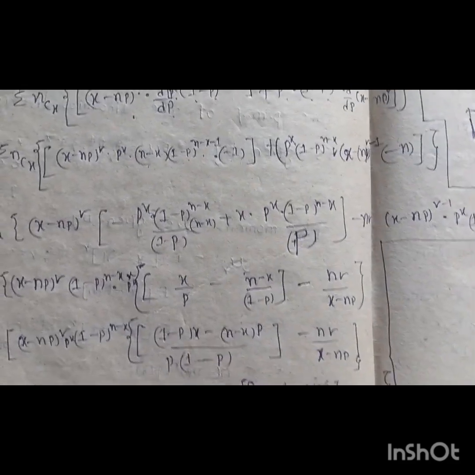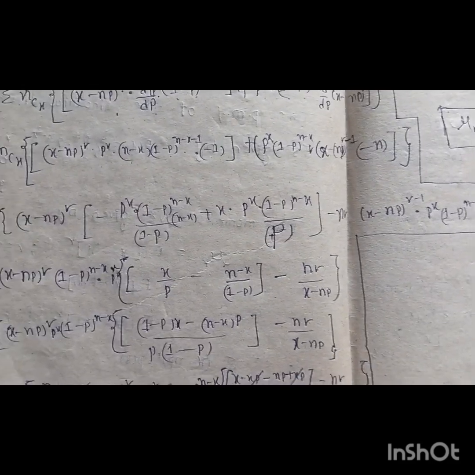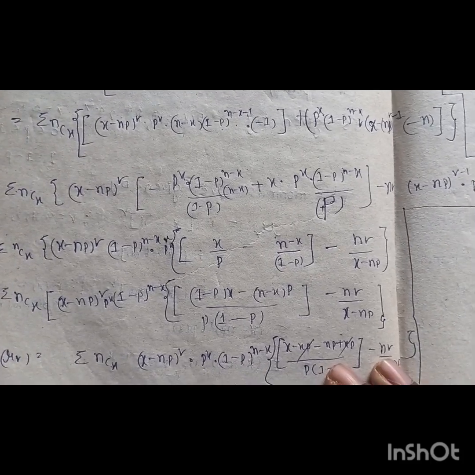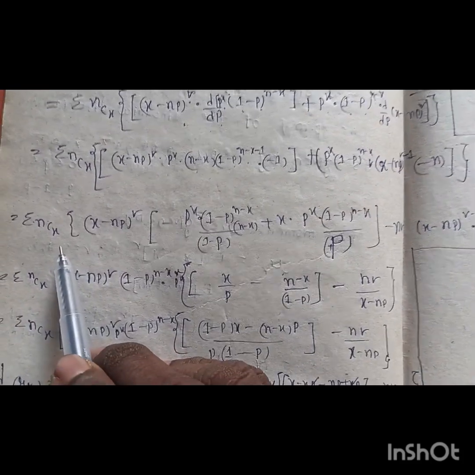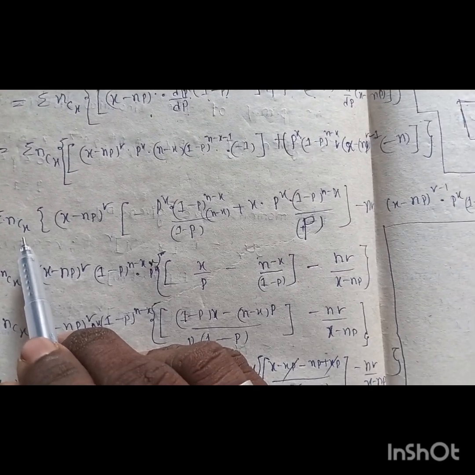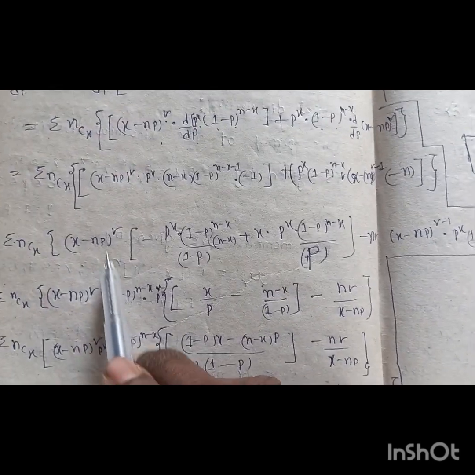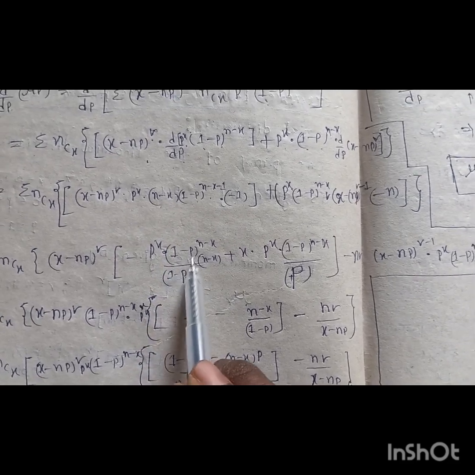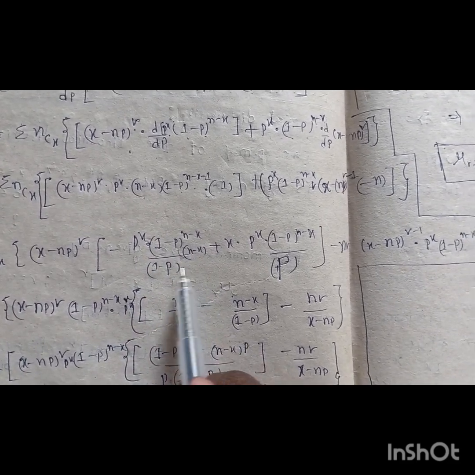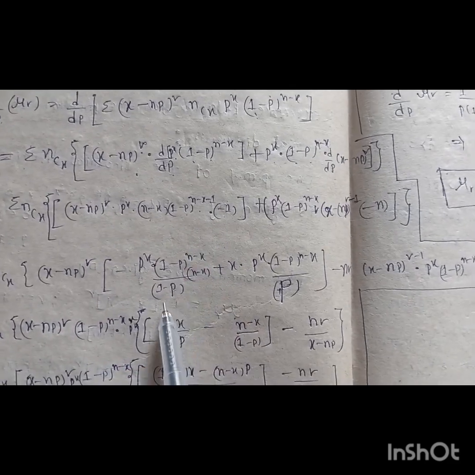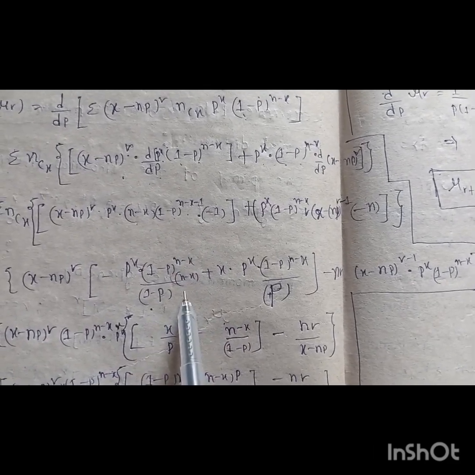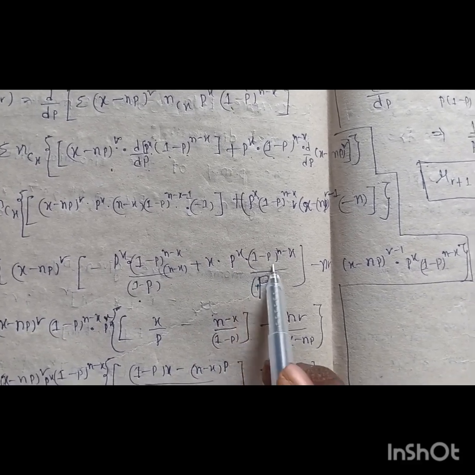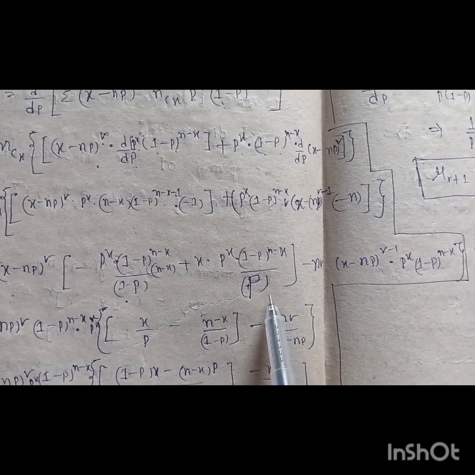In this whole term you can take one common factor. Summation nCx is common, and x minus np whole to the power of r is common: minus p to the power of x 1 minus p whole to the power of n minus x divided by 1 minus p times n minus x, plus x into p to the power of x 1 minus p whole to the power of n minus x divided by p.